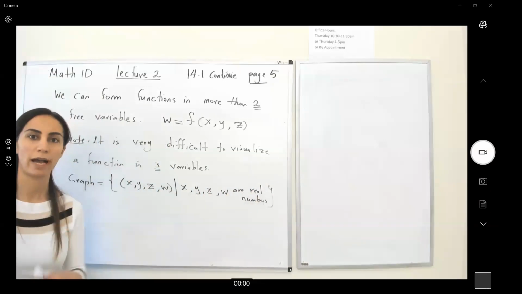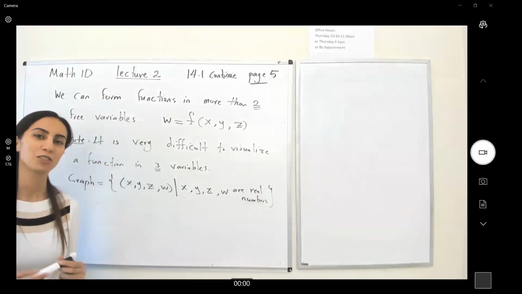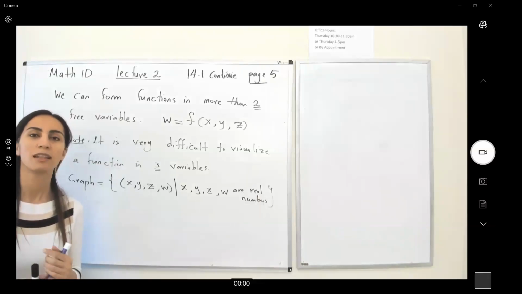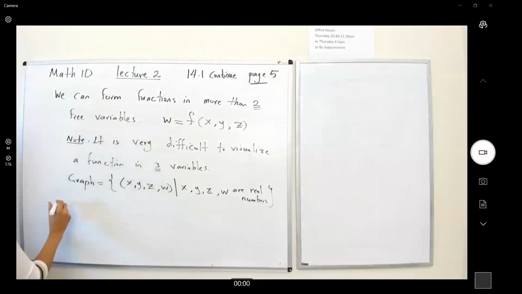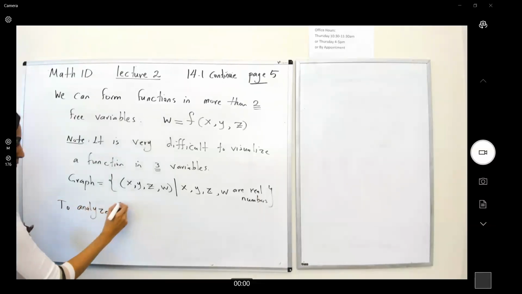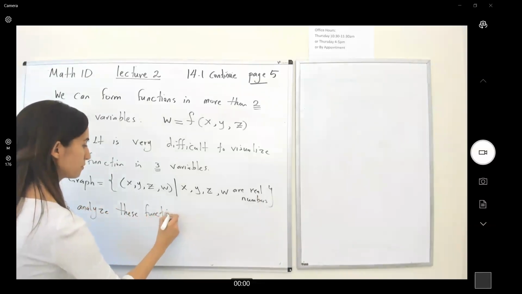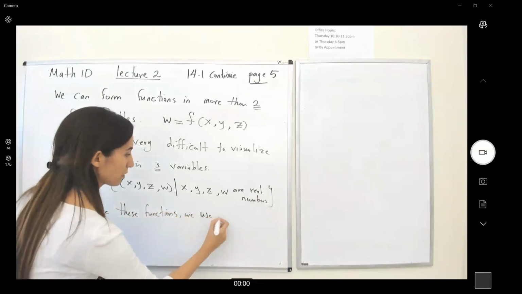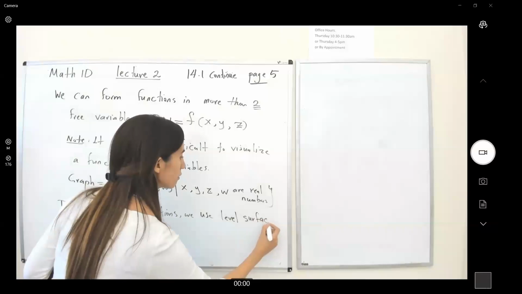So I expect you to ask, how do we analyze these types of functions? Instead of working with level curves, we're going to introduce level surfaces to analyze these functions. We use level surfaces.